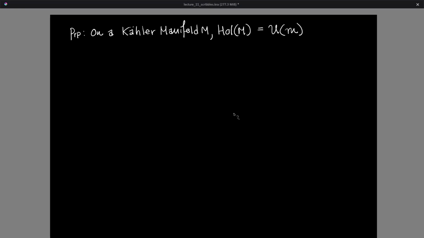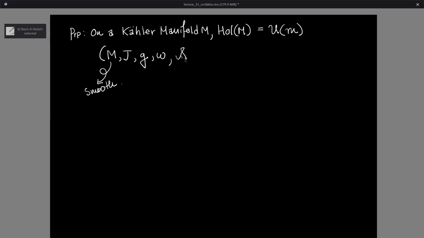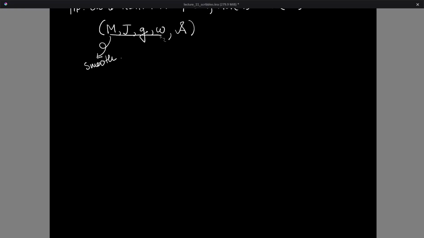So this is it. Our Kähler manifold is a 4-tuple, or a quadruple if you prefer, (M, J, g, omega): the manifold plus its 3 structures. M is already assumed to be a smooth manifold, obviously. Technically, I should also put in the smooth atlas. Anyway, these are the important things that we're worried about right now.